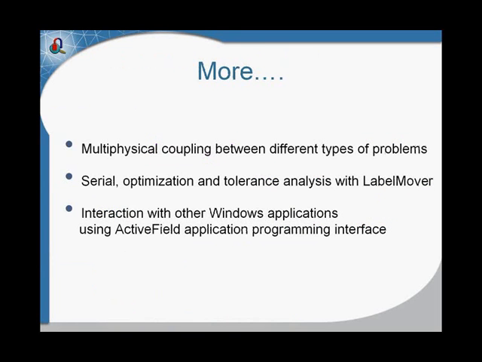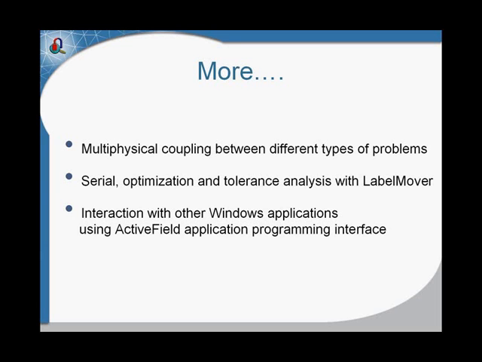And beyond these basic analysis types, QuickField supports multiphysical coupling and parametric analysis with level mover. This special utility supports serial analysis, optimization and tolerance calculation modes. Also, QuickField is expandable as it has a program interface to other applications.